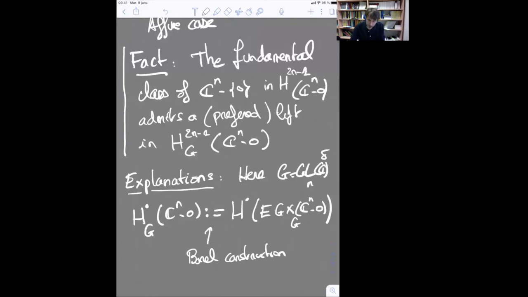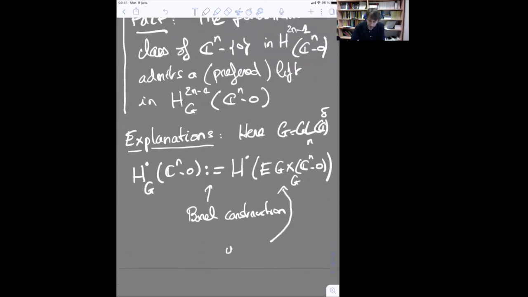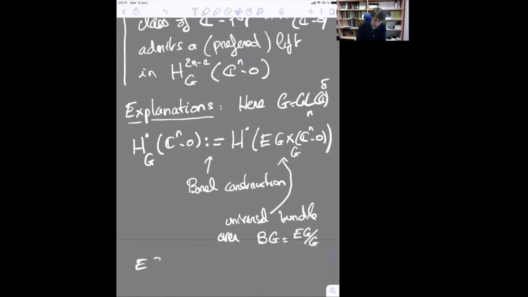So what is this? It's a universal bundle over the classifying space BG of my group G. So BG is in fact EG mod G, where EG is a contractible topological space.